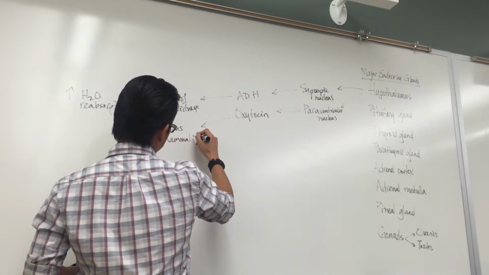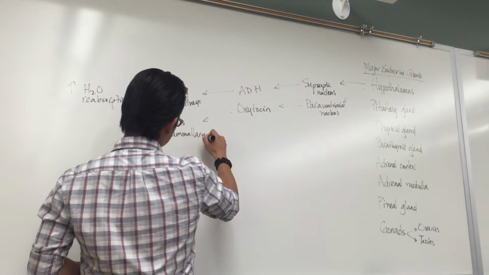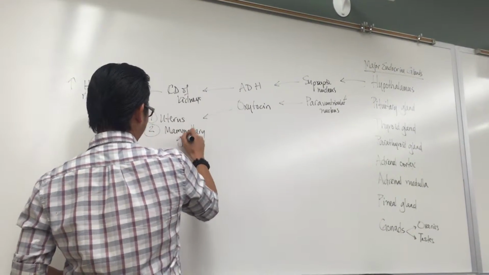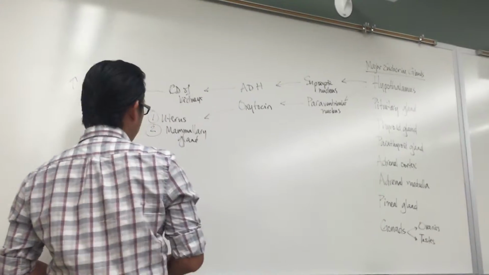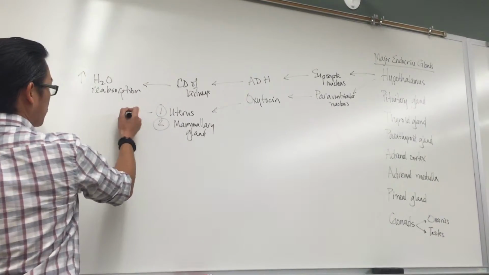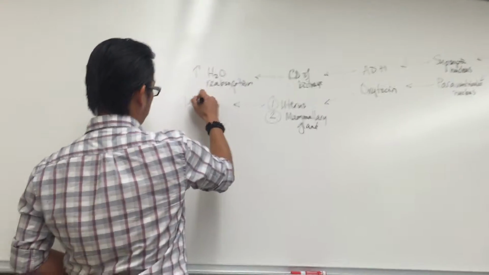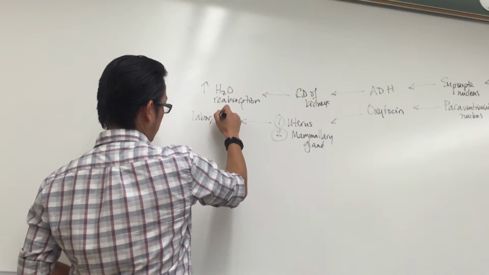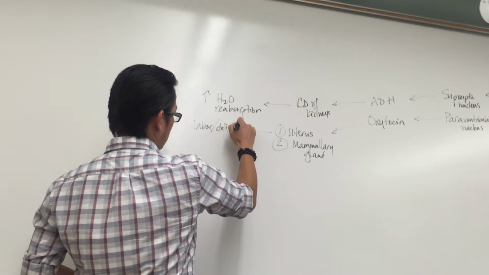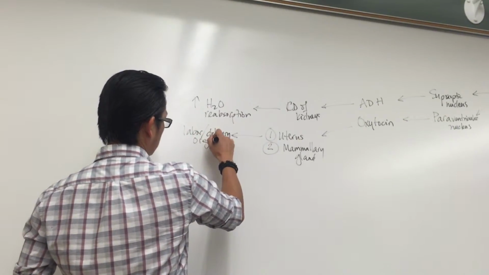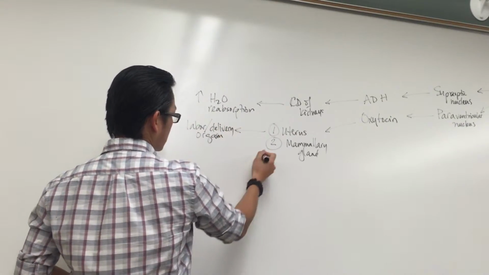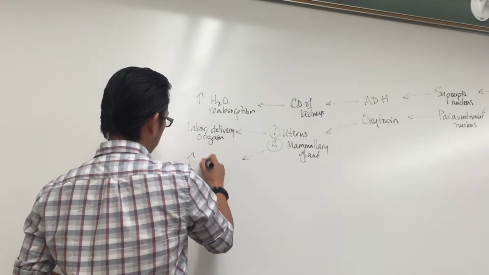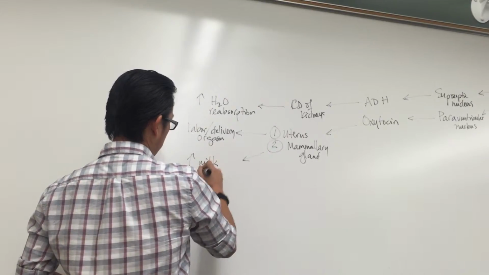Okay, so at the uterus, it causes labor and delivery, or induces labor and delivery, and orgasm. At the mammary gland, it increases milk ejection.